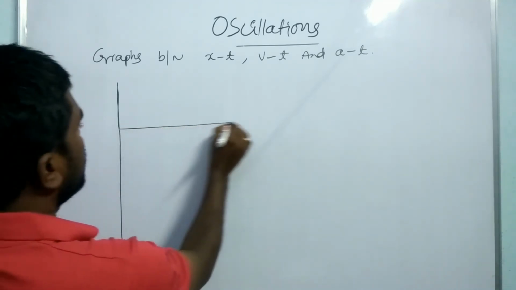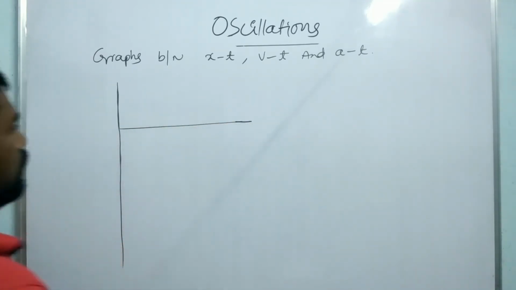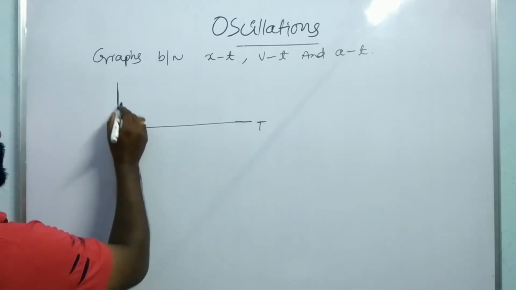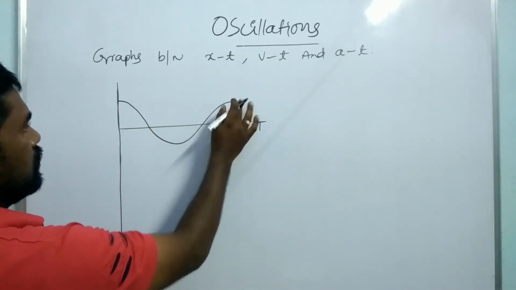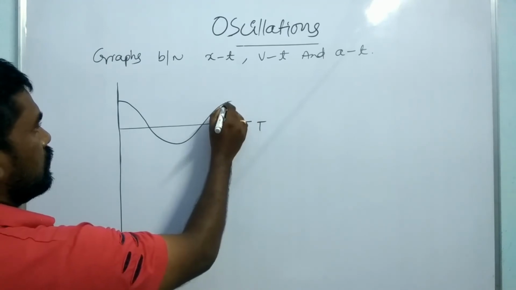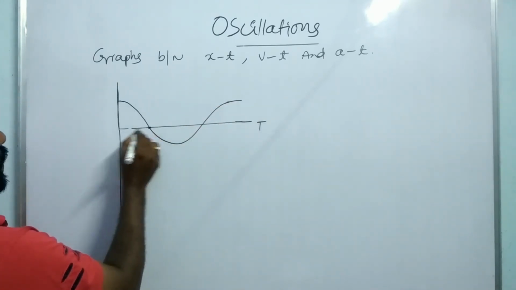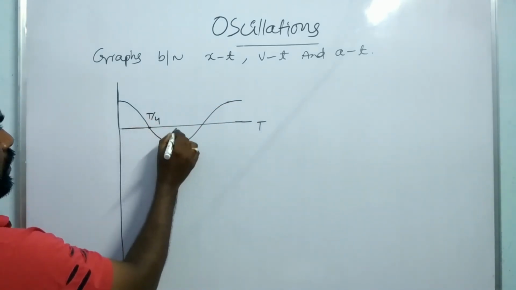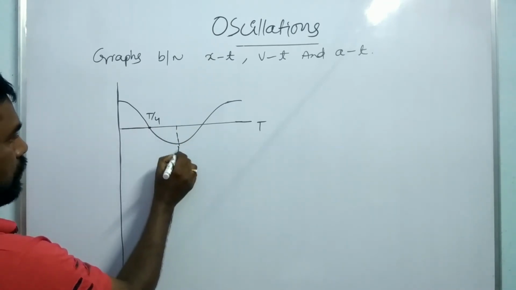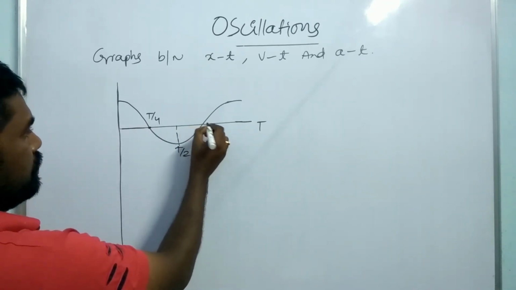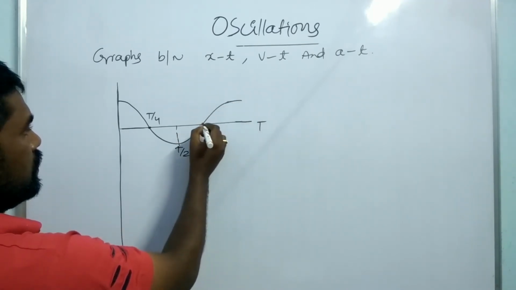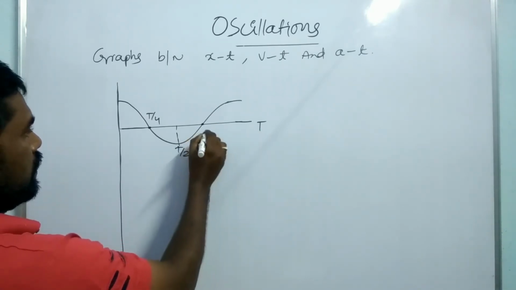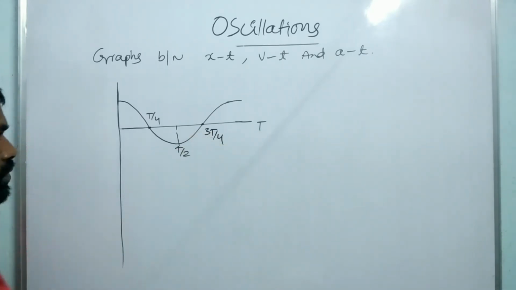At first I need to write the xt graph. So on the x-axis we have to take time. So this is the xt graph. This can be t by 4, and this can be t by 4 plus t by 4, that is t by 2, and this can be 3t by 4 here.